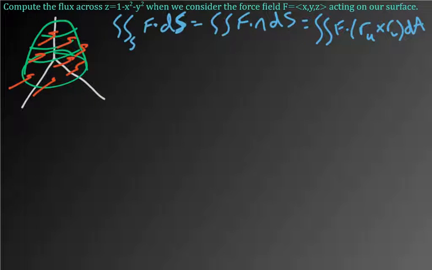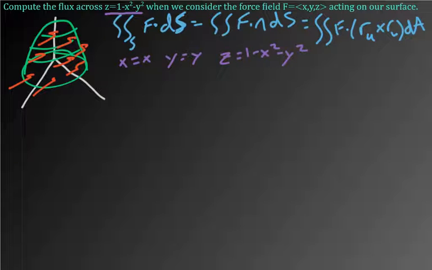Anytime I have one of these that can be written as z equals a surface, I just parameterize it as x equals x, y equals y, and z equals 1 minus x squared minus y squared.